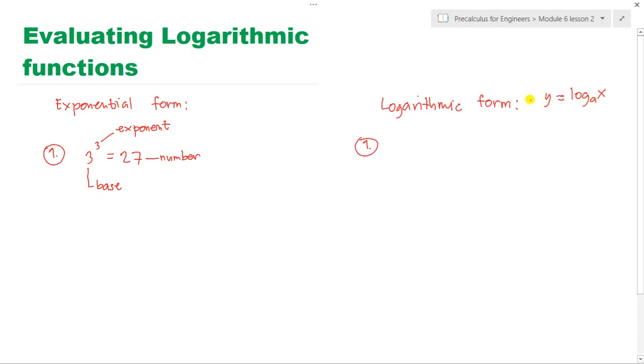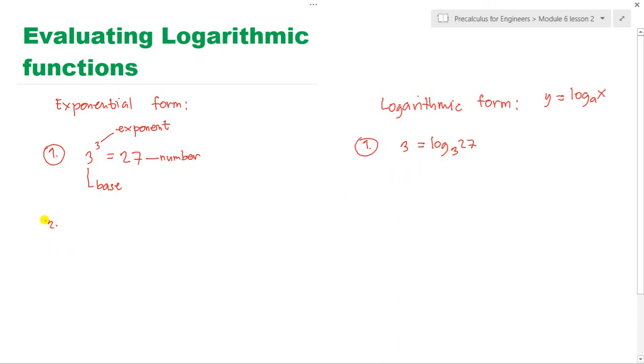Again, the resulting answer of a logarithm is the exponent. So here, our exponent in our example is 3. So 3 is equal to the log of the number, the resulting number, that is 27. So that is log of 27 to the base of 3. That is the equivalent in logarithmic form.